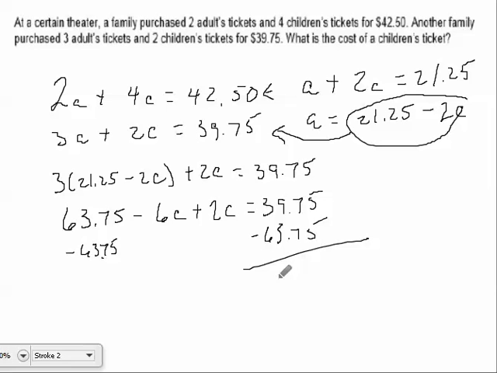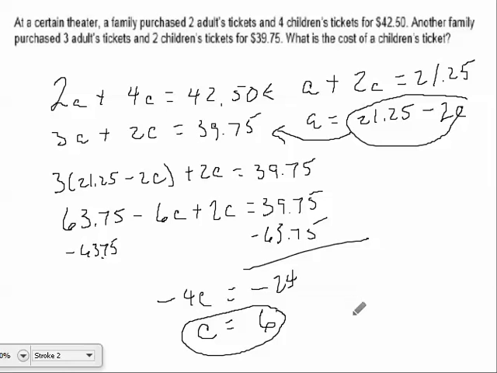Negative 24 is equal to negative 4C. So if I divide by negative 4, C is equal to 6. That means that the children's ticket cost $6 apiece.